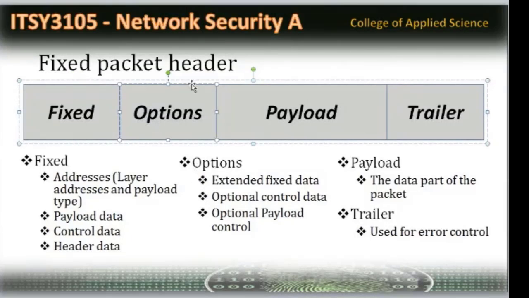Then finally, the trailer. The trailer is used for error control, finding the errors. If you are not able to understand completely, no need to worry, because in the lab part, when you see one particular packet, you will understand all the fields very easily. So this is about the fixed.